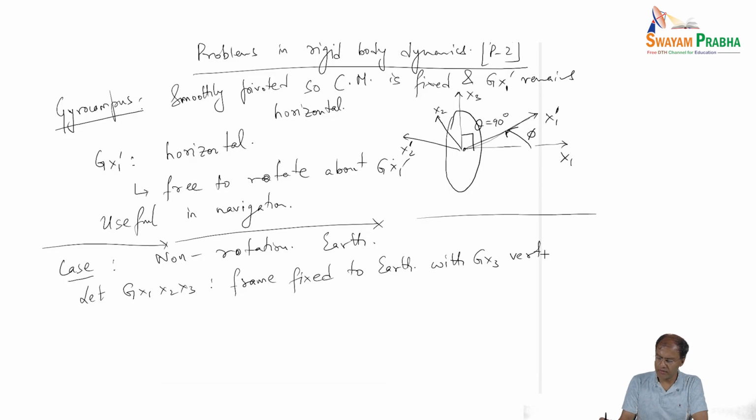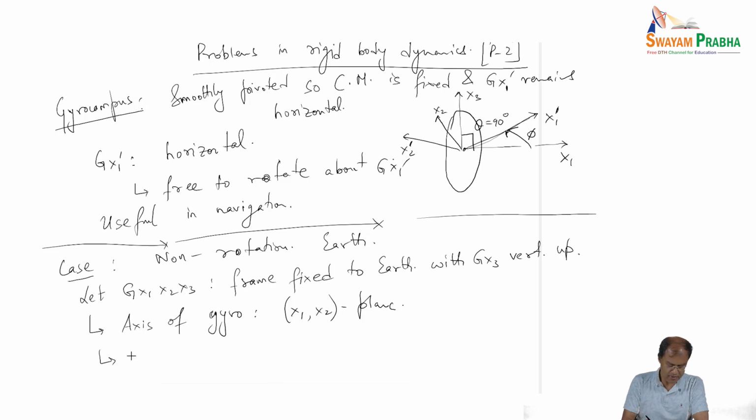So it turns out that the axis of the gyro is moving in the x1, x2 plane, right? And we have that Gx1, x2, x3 prime. Well, x3 is the same as x3 prime.